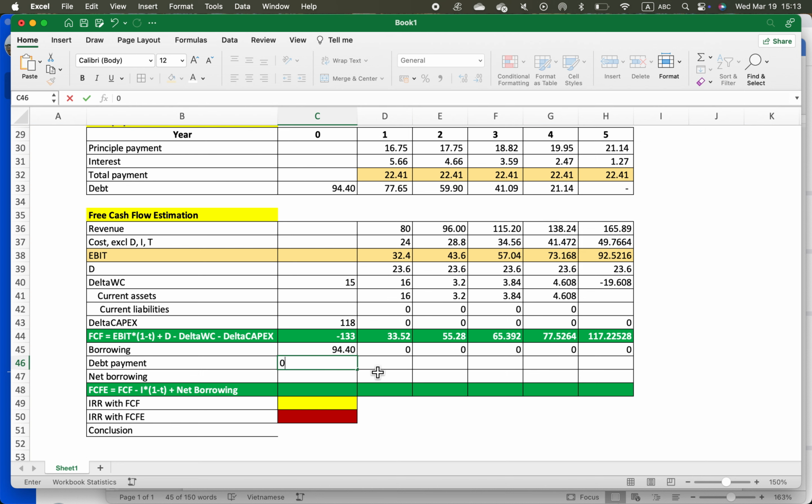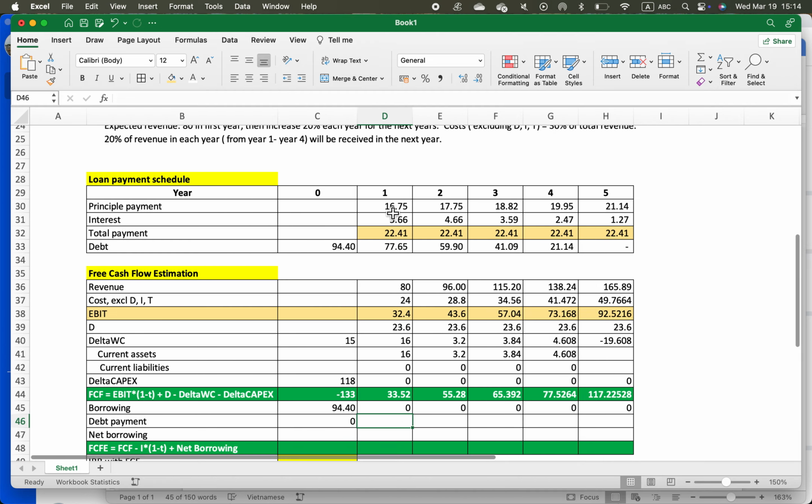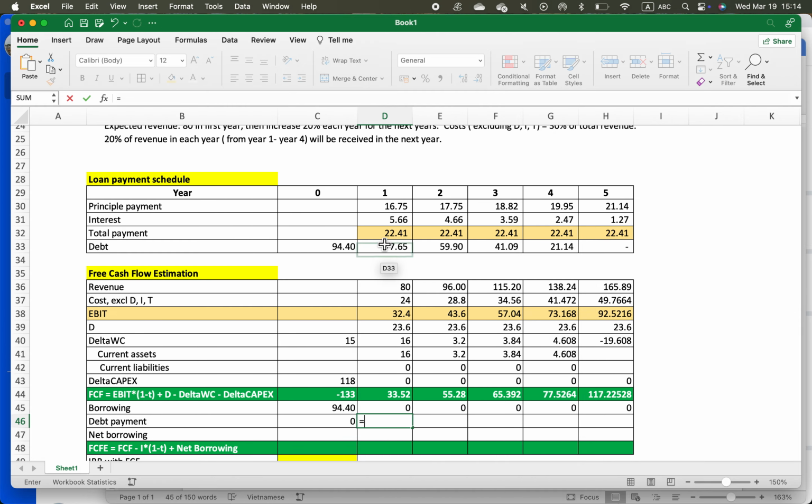For the first year, you see that the payment for the first year is here, right? So this one should be this, and this one should be this, the same. So we copy like this.